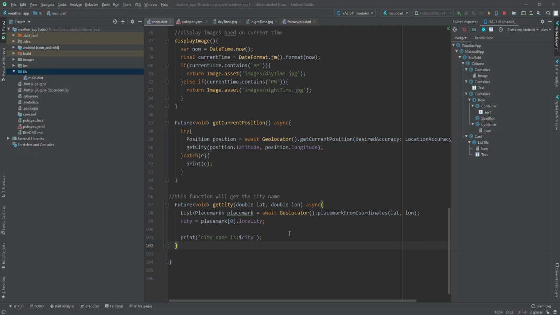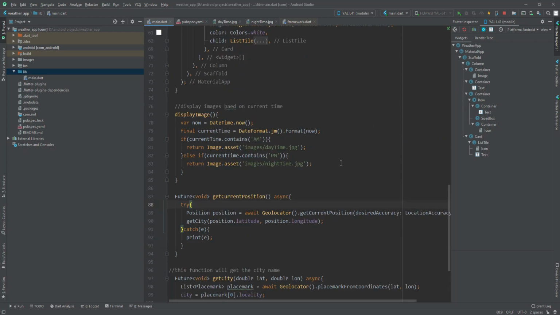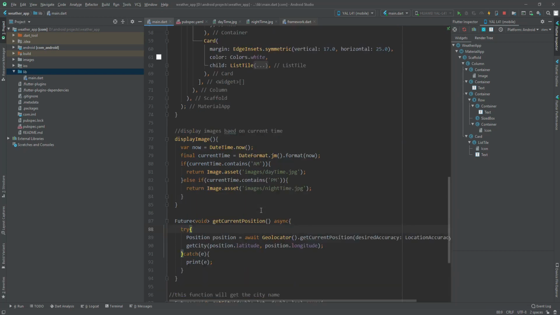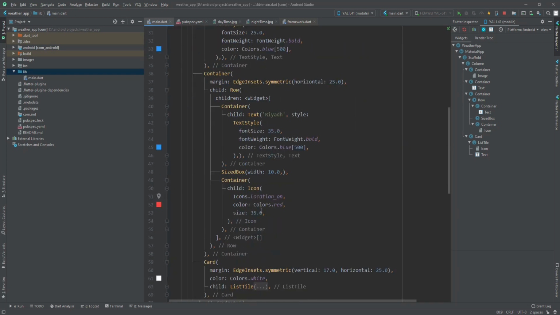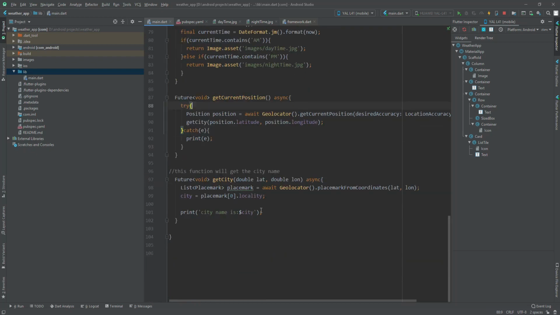The idea of abstraction is, instead of having a very long code in one class, we can break that class into many different classes. As you can see here, the code gets longer and more complicated, and we don't really want that to happen because it's going to be hard to maintain.